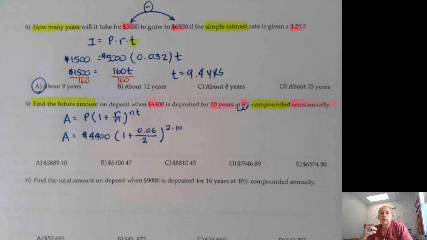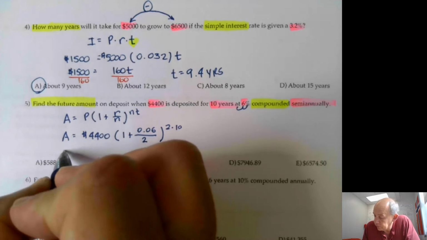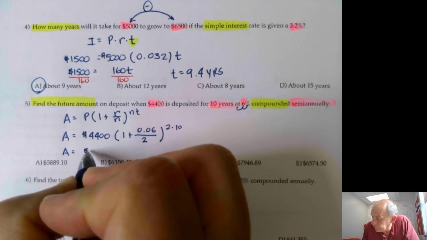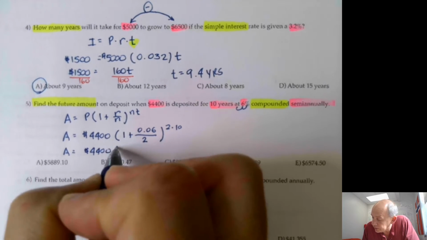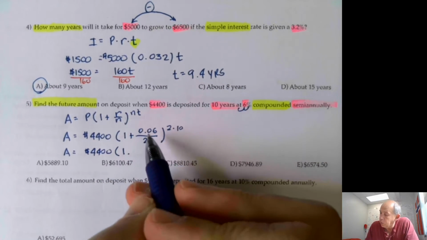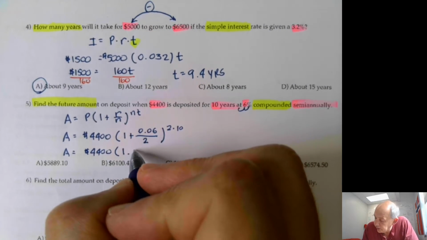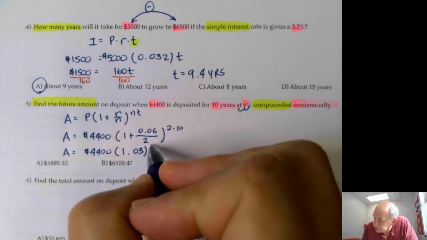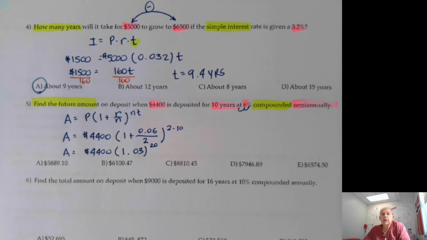So we have the right formula, we plugged in the right numbers, we're all set to go. It becomes a calculator problem at this point. So 4,400, just copy that. 1.06 divided by 2 is 0.03, and I'm going to raise that to the 20th power. Exponent key on your calculator.